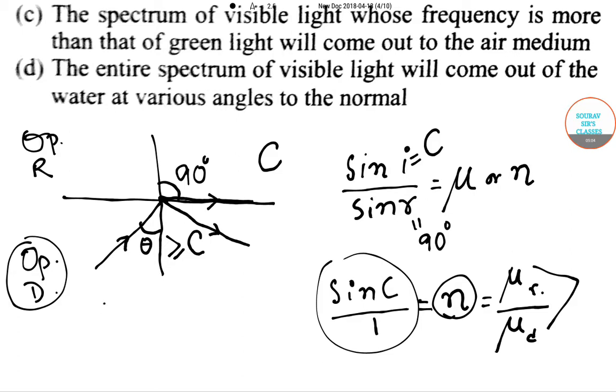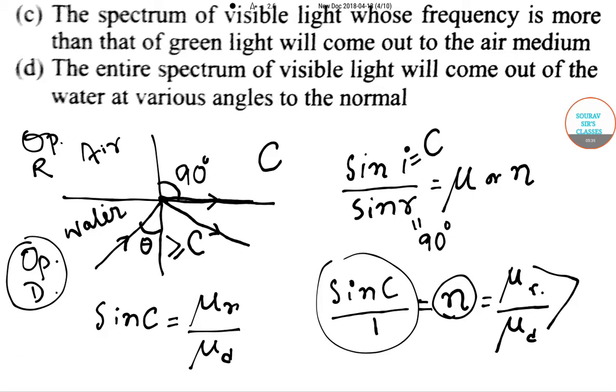So we can write sin C is equal to mu of R divided by mu of D. Here the rarer medium is air, whereas the denser medium is water, and we know that mu R of air is almost 1, and we represent mu D as n of water.